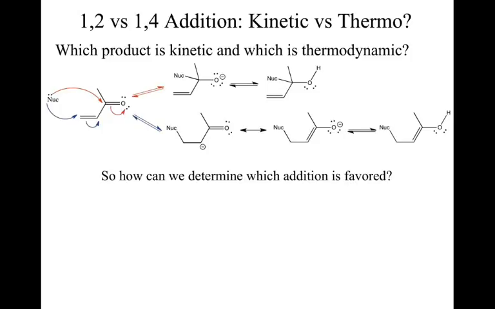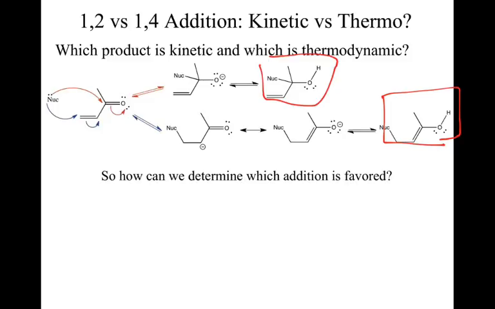One of those is kinetic and one of those is thermodynamic. If we break down our mechanism, we can look at how it pieces out and at all of those intermediates. In deciding which one is favored, we could evaluate the stability of our products and decide which ones are thermodynamic.